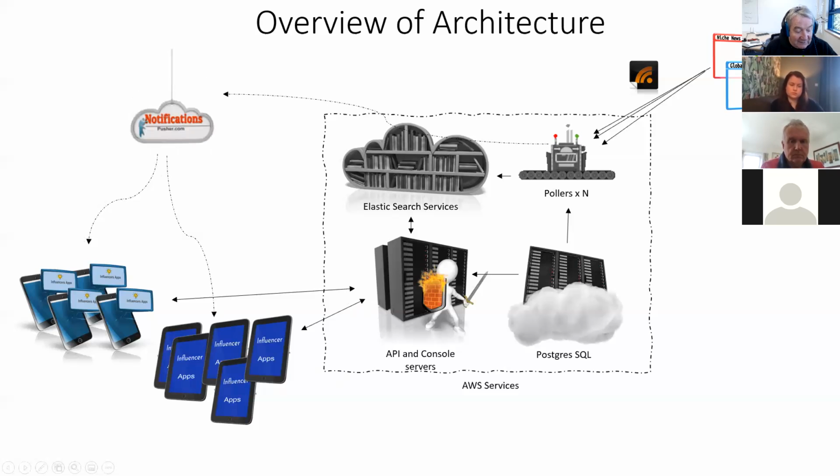For example, one of the common APIs they call is get new messages. Irrespective of whether they've got notifications, the get new messages API, which the apps will call, will go to Elasticsearch and pull out the latest news story for all the searches that the app has subscribed to.